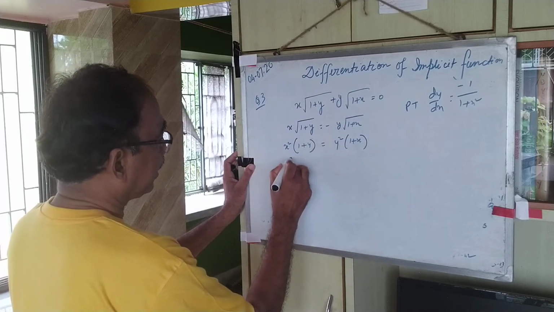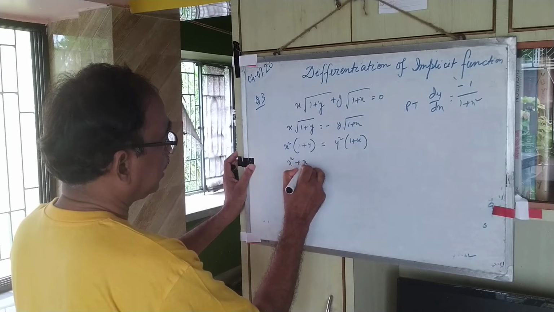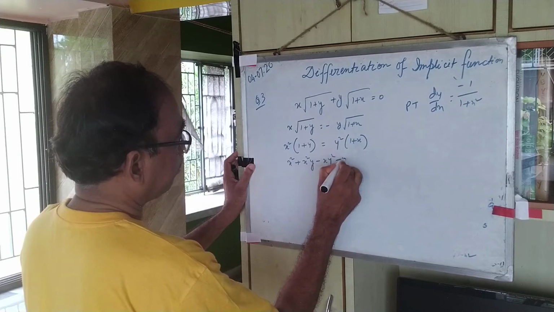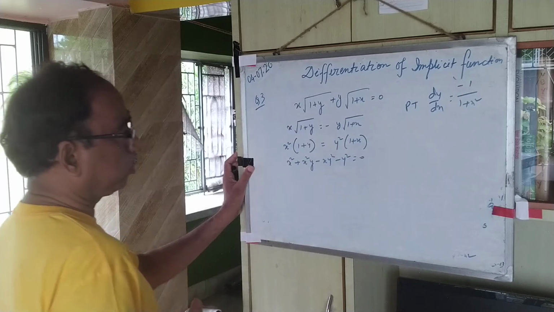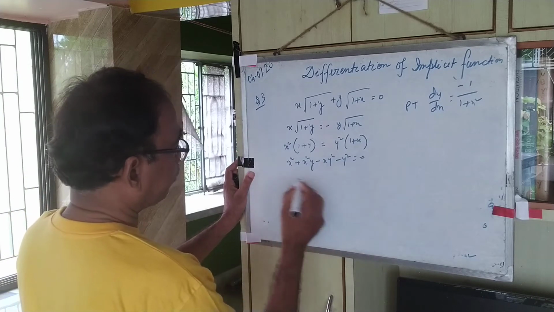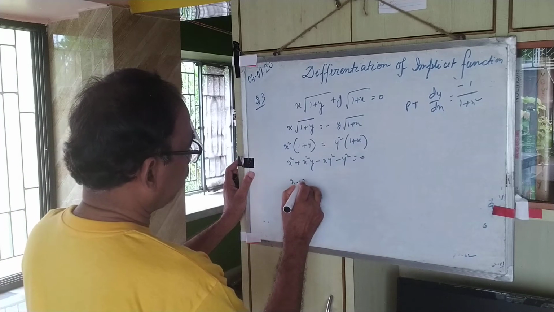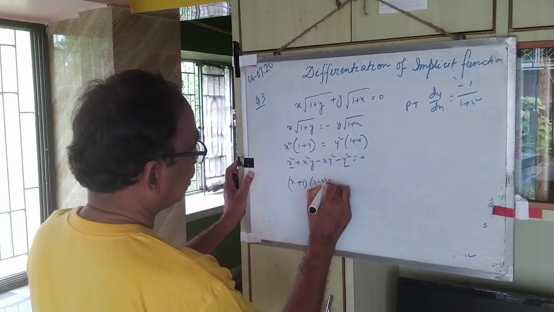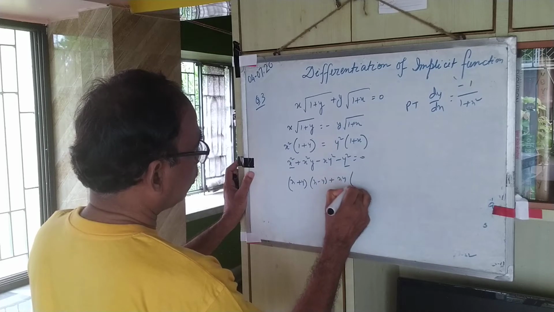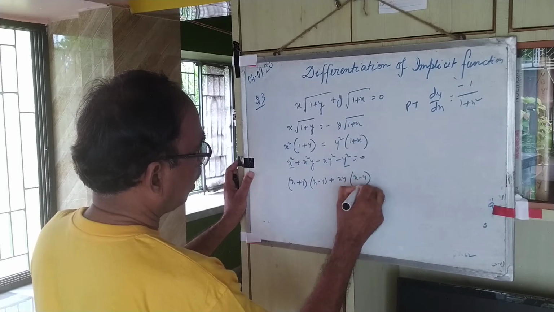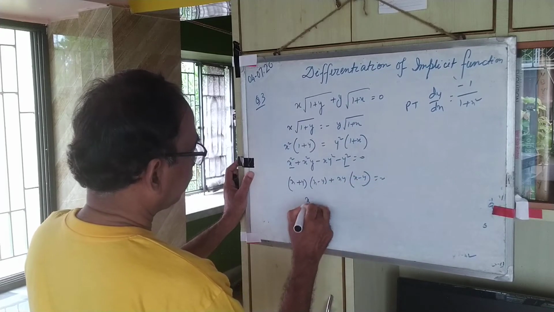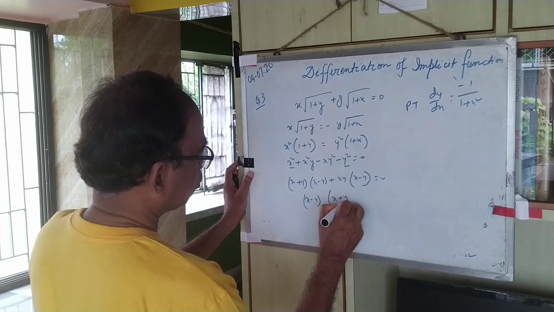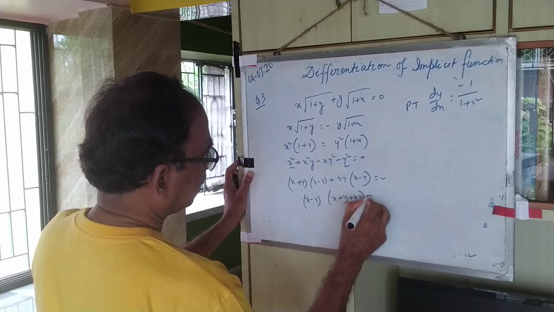Multiplying, x square plus x square y minus x y square minus y square equals 0. Now factorizing this, that is x plus y, x minus y, and xy is common, x minus y equals 0. Therefore, x minus y, x plus y plus xy equals 0.